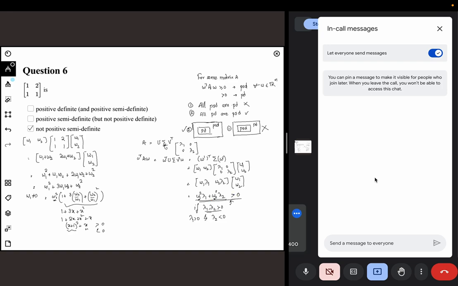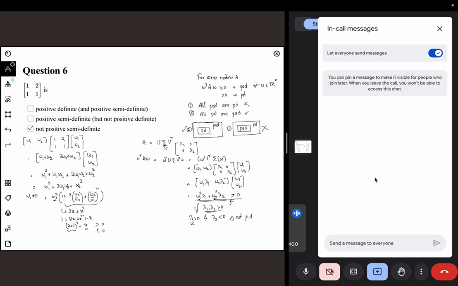You can make it satisfy or you can make it not satisfy. But by our original definition, this has to be true for all values of W, not only for some specific cases of W's. So if one of them is positive and another one is negative, then you can be pretty sure that it is not a positive definite matrix.